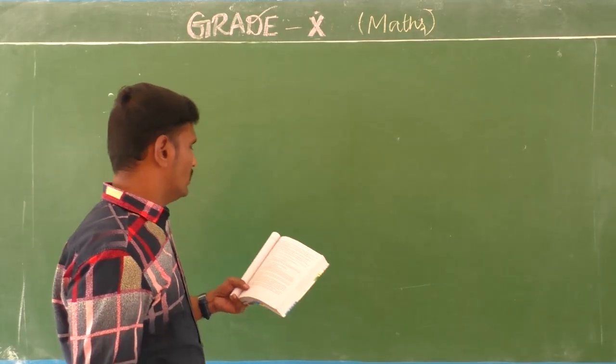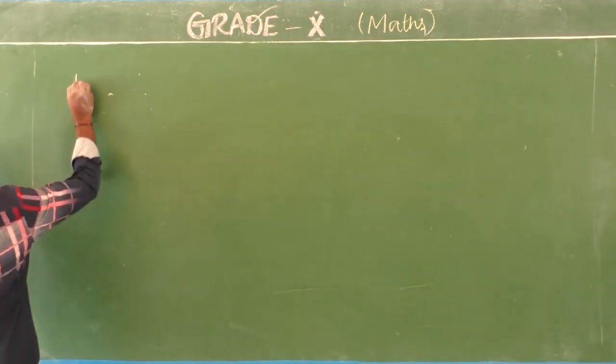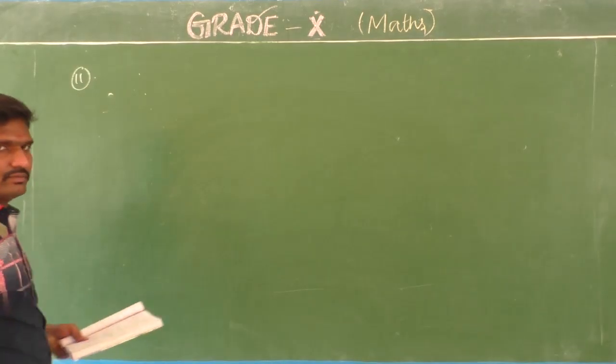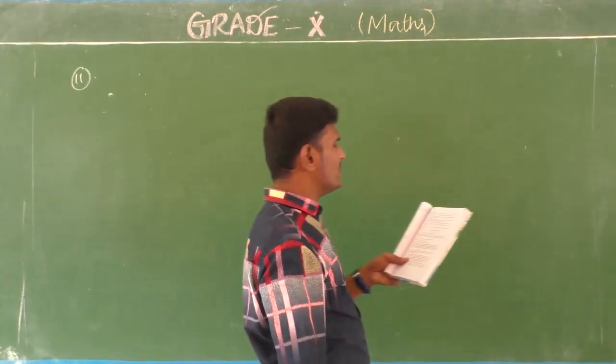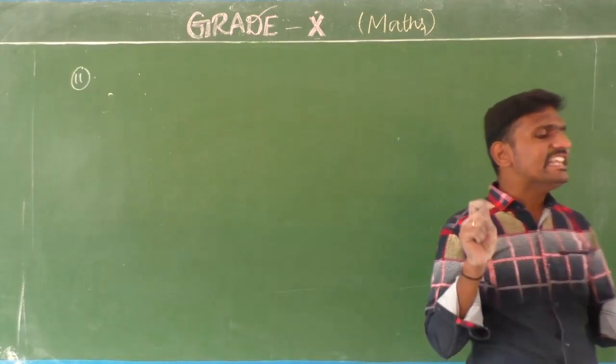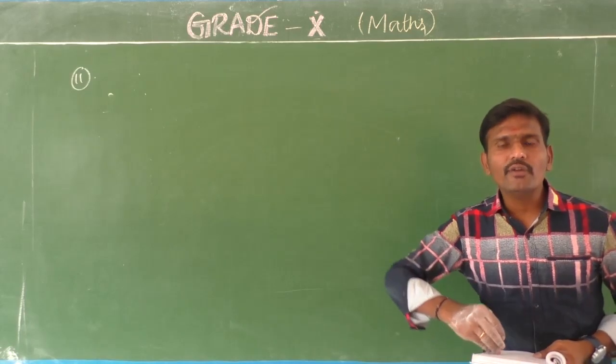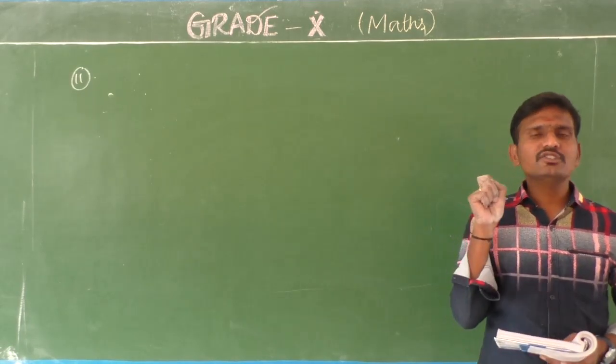Yes, students. Okay. The next question is question number 11. Listen carefully, all of you. If the sum of first n terms is given, this one also has the same pattern as the previous question, but one small difference.